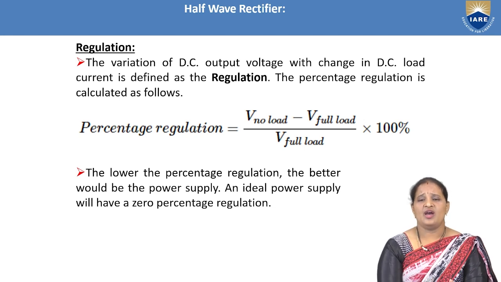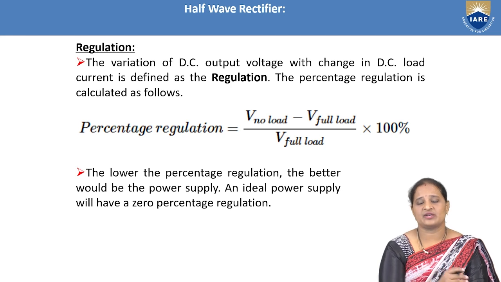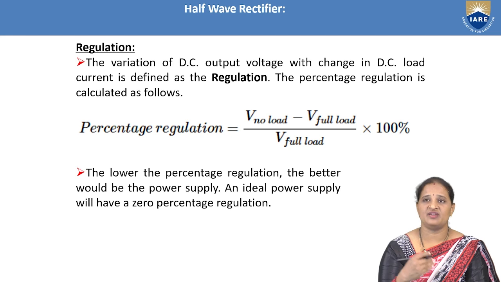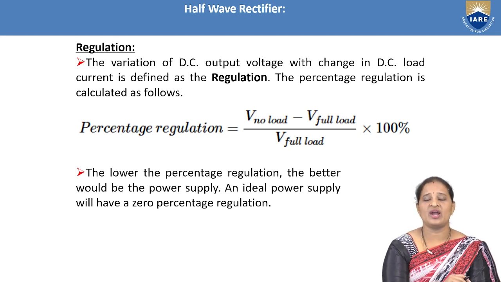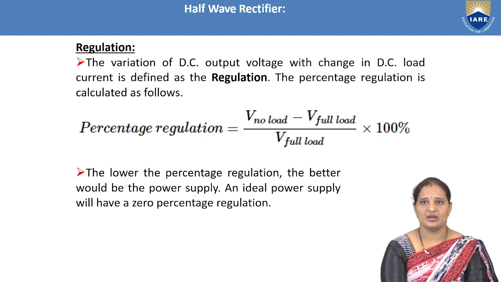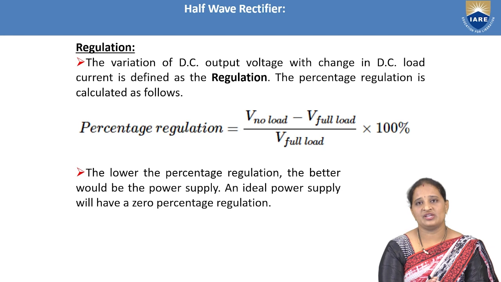In order to design a regulated power supply, there should not be any variations in the DC output voltage with respect to the load current or load resistance. That means even though there is a change in the load current or load resistance, it has to provide a constant output voltage. So now this is related to the regulation.